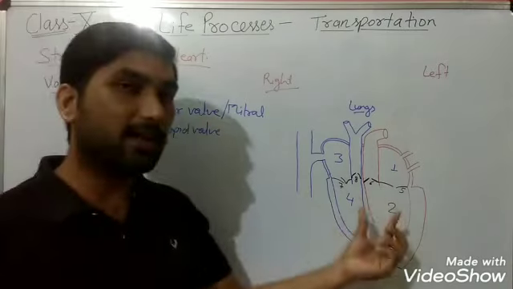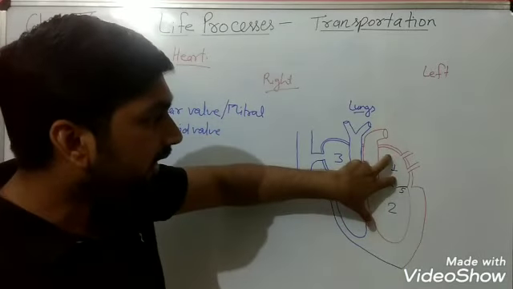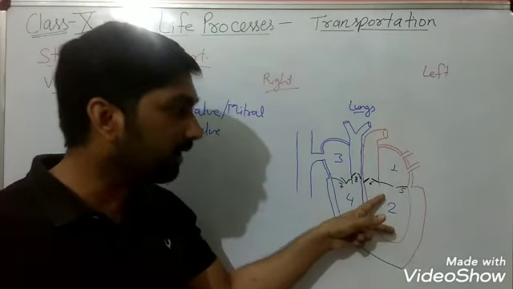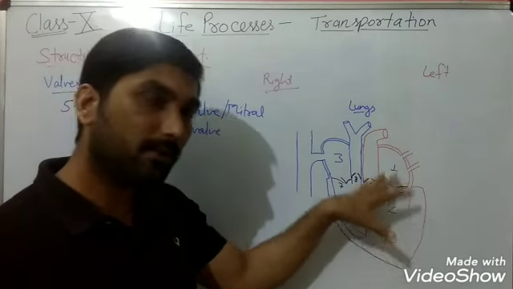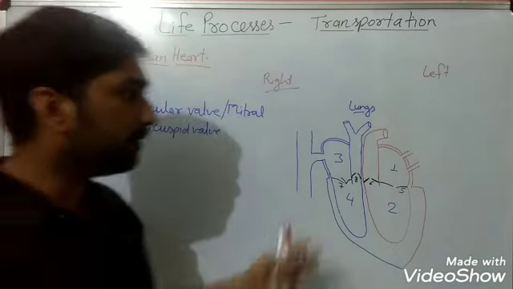So the valve present in between the left atrium and left ventricle is known as bicuspid valve.